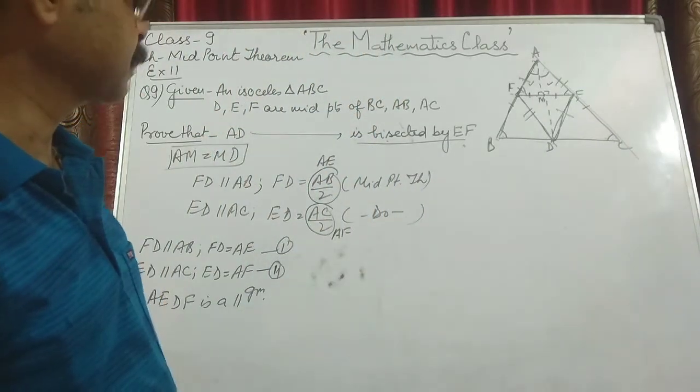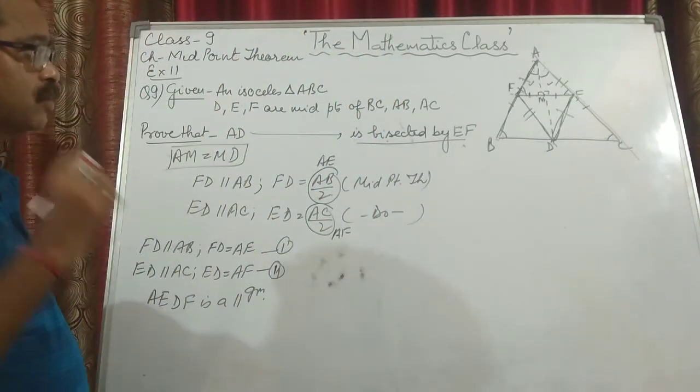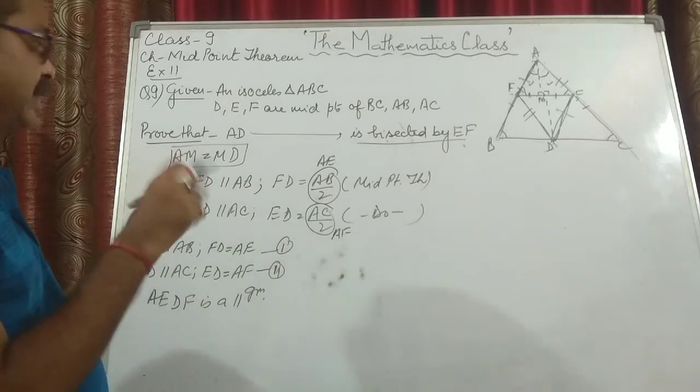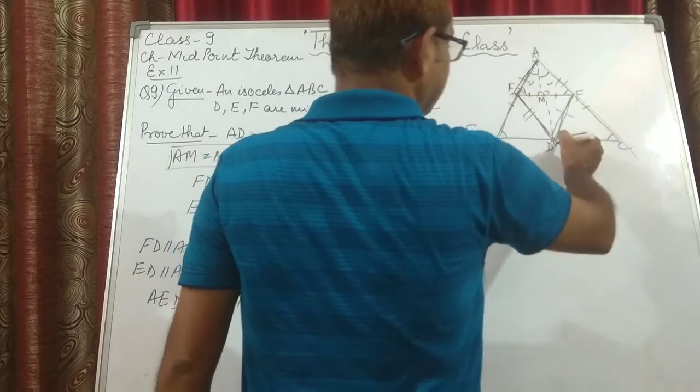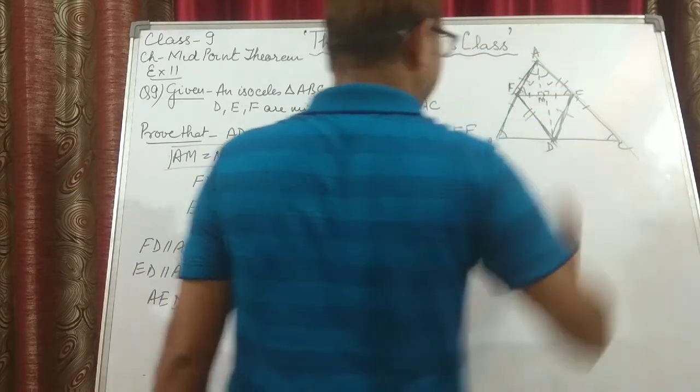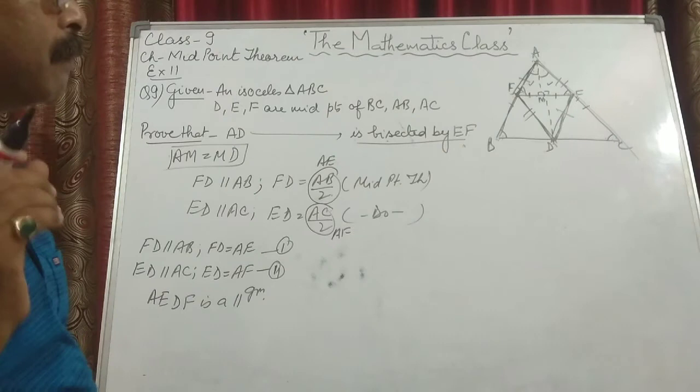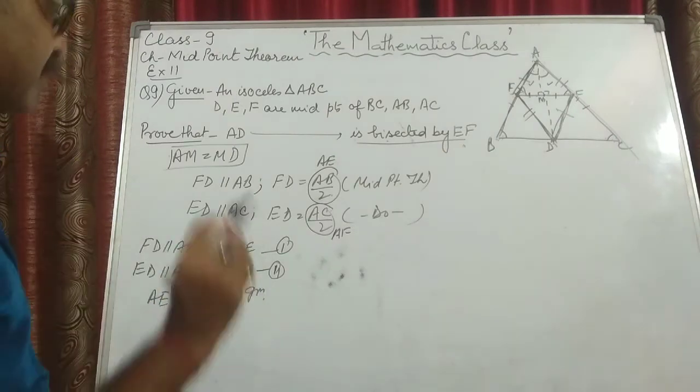If AEDF is a parallelogram, then we know that in a parallelogram diagonals bisect each other.